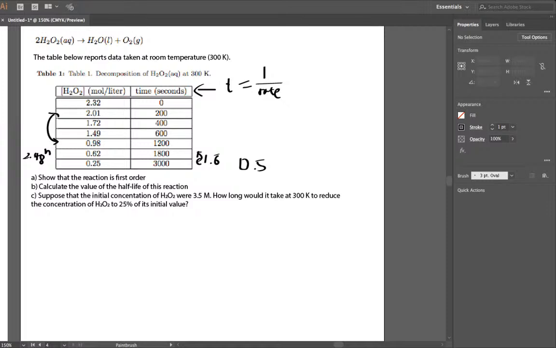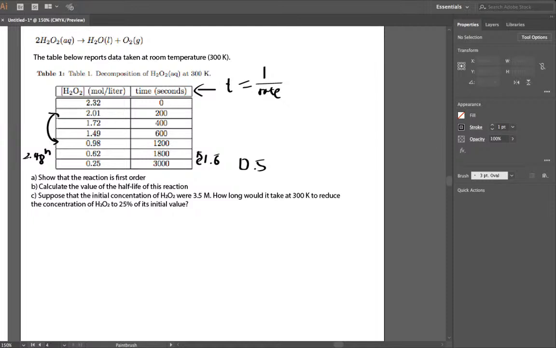But I think you can use another method, which is making a graph out of it. Sometimes a graph can help you determine what the reaction order is. Let me start with a blank graph, just make a table. I'm making this graph on my phone, so I'm sorry if you can't see it. Let's start at 0 with 2.32. At 200 seconds, it's 2.0.